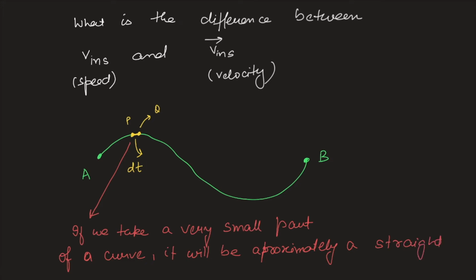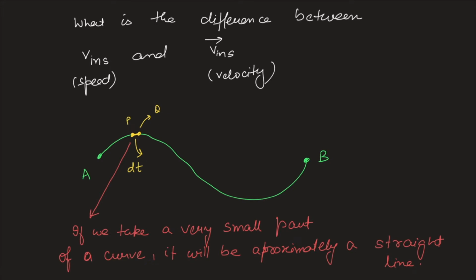Now that is interesting. And the smaller part you take, the better the approximation is going to be. So if you take a very small part, it will approximately be a straight line, almost a straight line.